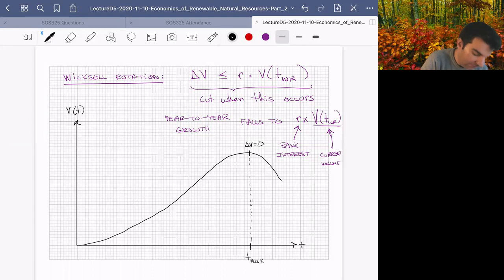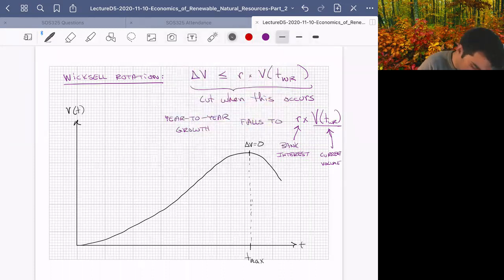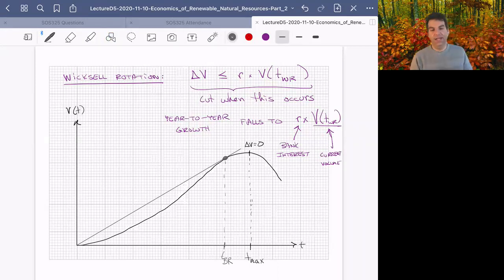And then we also have that the biological rotation occurs sometime before that, where the delta V falls to the MAI.